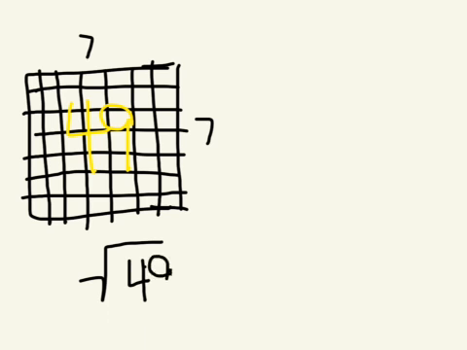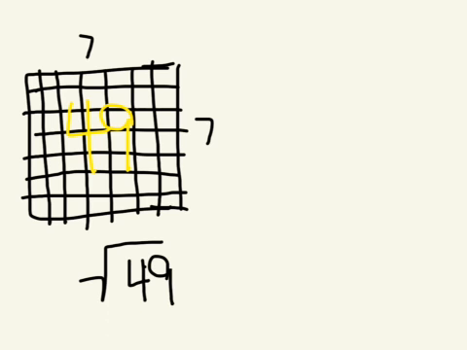Alright, so here in this square, there are 49 squares. How do I know that? Because this side length is 7 and this side length is 7, and 7 times 7 is 49. So this represents the square root of 49.